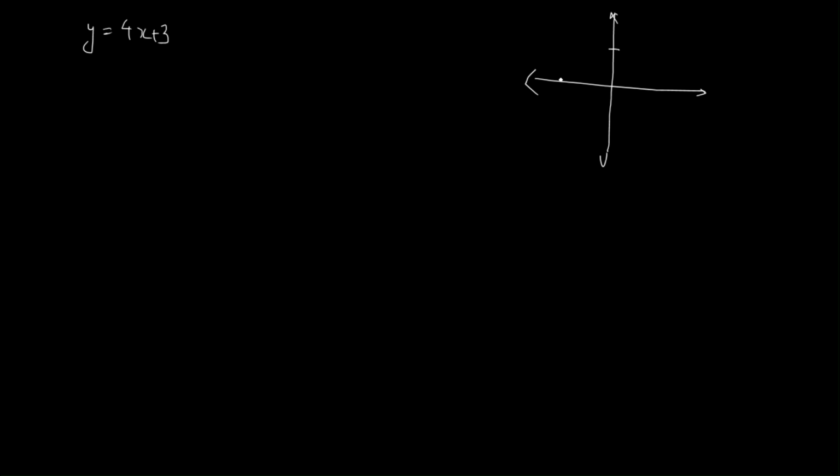So let's draw a line, right? 3. So when x equals 1, y equals 7, right? Just put x equals 1 here, and then y gets 7. Just assume this point is 7, right?